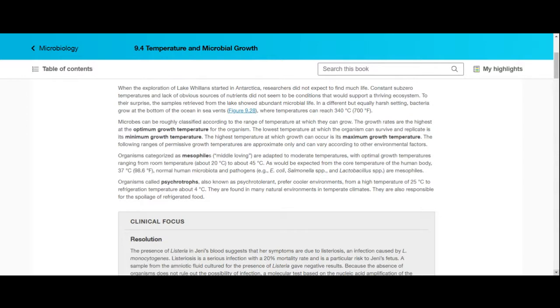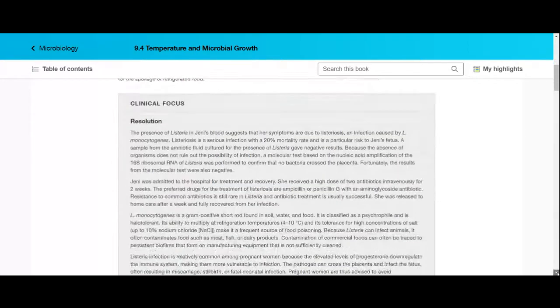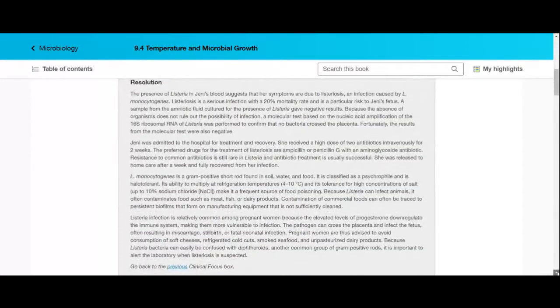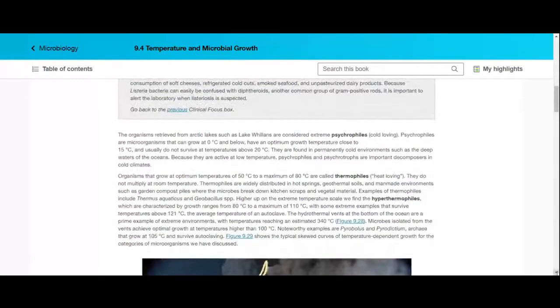Okay, so psychrotrophs or psychrotolerants prefer cooler environments, so about refrigeration to about room temperature. So we find these out in the environment. This is what can cause food spoilage, things like listeria, for example. Listeria is a psychrotroph.